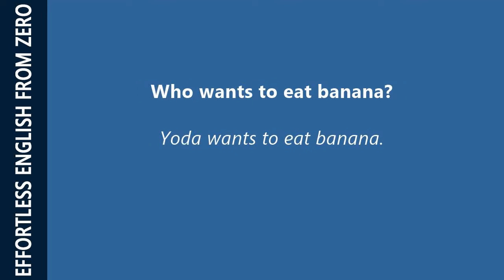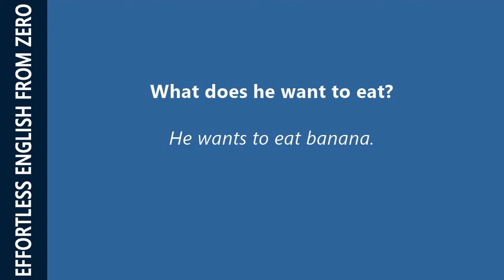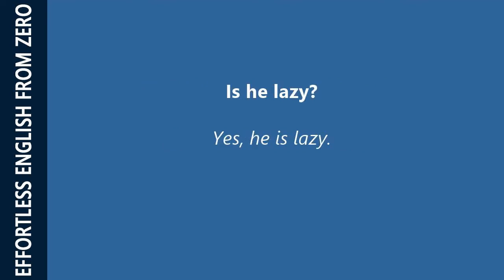Who wants to eat banana? Yoda wants to eat banana. What does he want to eat? He wants to eat banana. Is he lazy? Yes, he is lazy. Who is lazy?